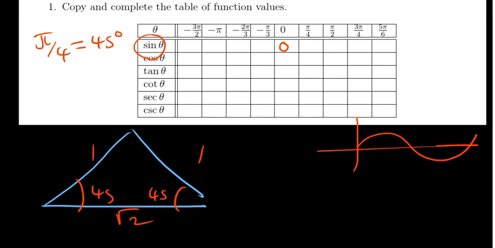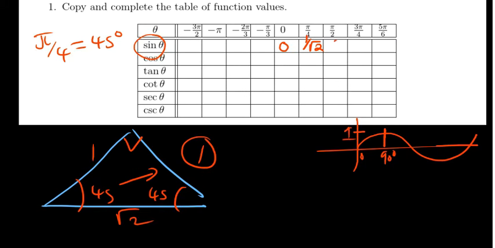So it's 1 over root 2, because I know sine is opposite over hypotenuse. Opposite is 1 over the hypotenuse, which is root 2. Don't forget that. Then pi over 2 is 90. You can easily tell that. So sine 90, if you look at the graph, at 90 degrees is equal to 1.